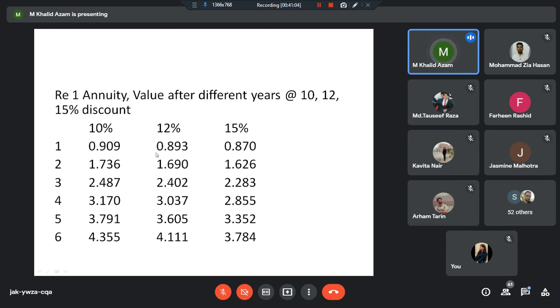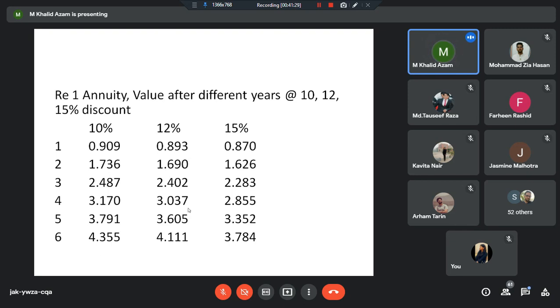In the third year you are receiving 3 rupees, and at 12% it will reduce further. From 2.487, it has come down to 2.402. In the fourth year, by now you have received 4 rupees, but at the 12% rate of discount your value is coming down to 3 rupees and 03 paise.